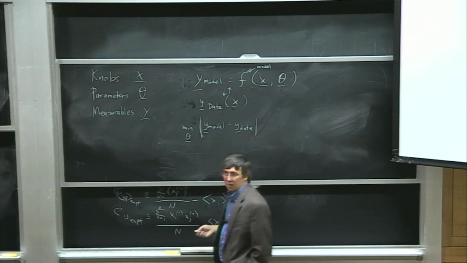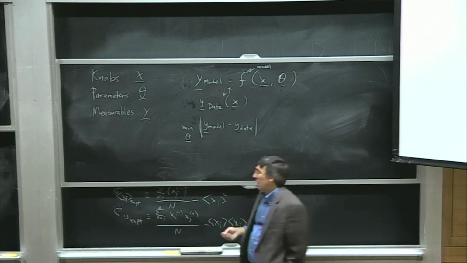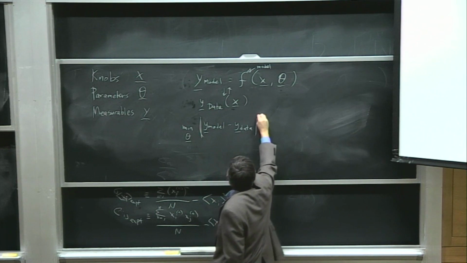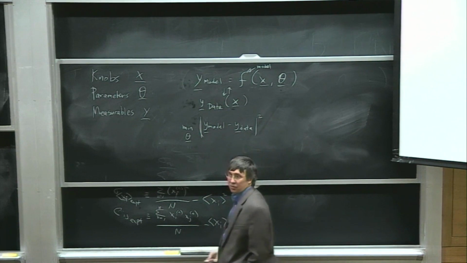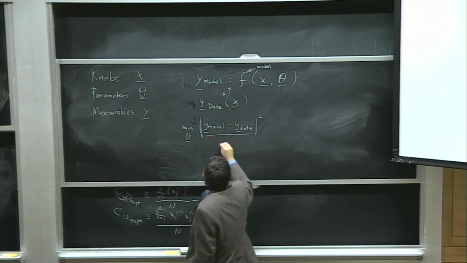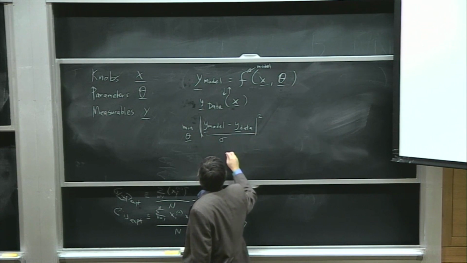Somehow I want to minimize that. And I have to think, well, what should I really minimize? The popular thing to minimize is these guys squared, and actually to weight them by some kind of sigma for each one.